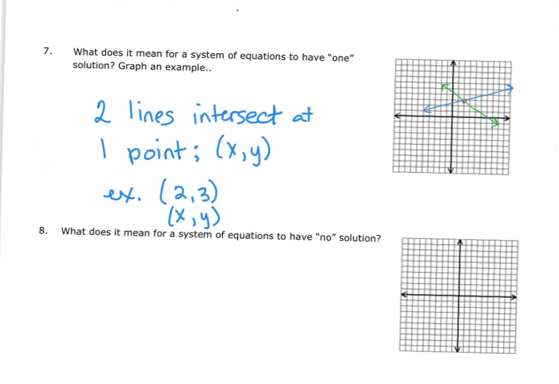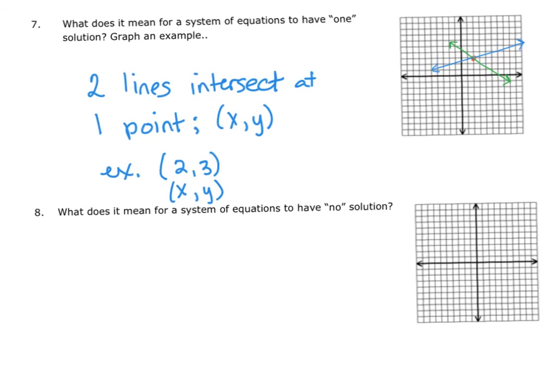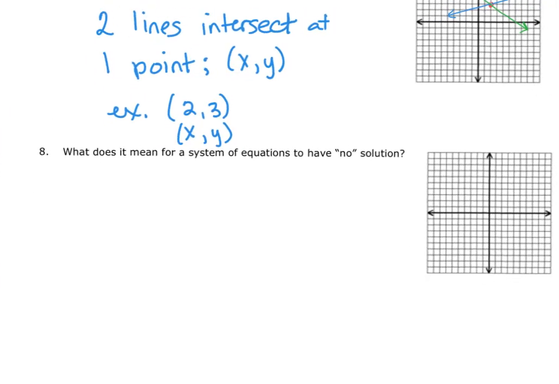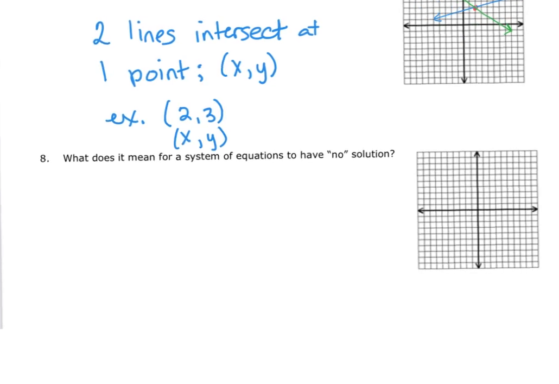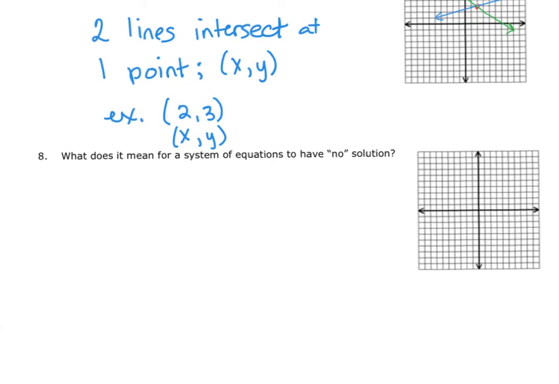Now my next question says, what does it mean for a system of equations to have no solution? No solution means that the lines do not intersect. So if I write that down, lines do not intersect. Basically these are parallel lines.